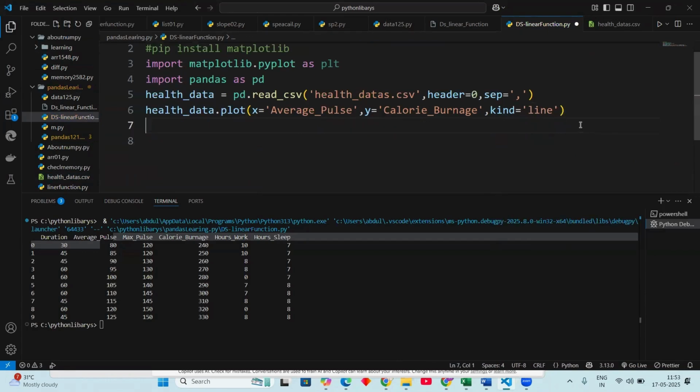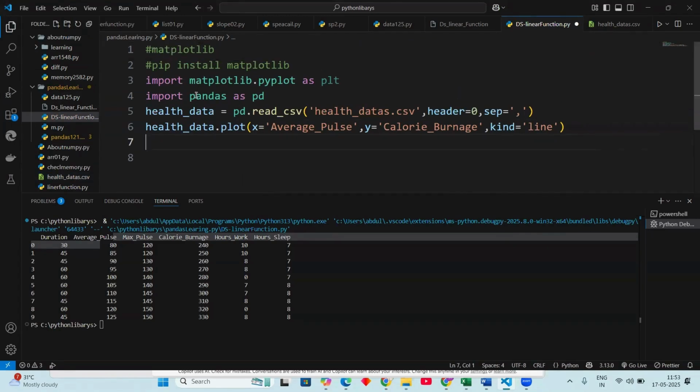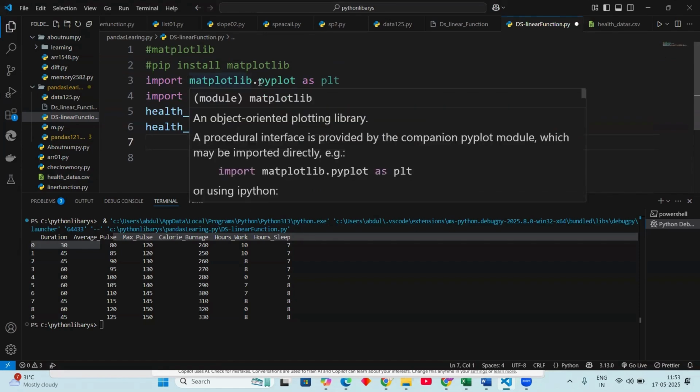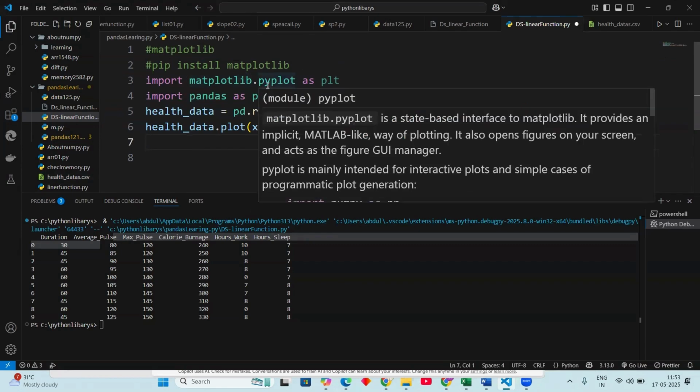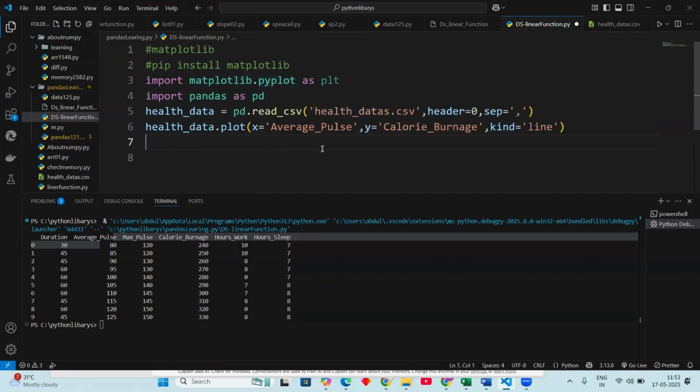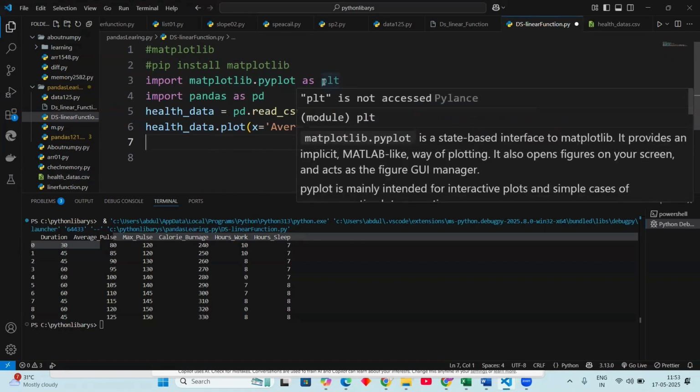Now here we import pandas and make a table by reading the Excel sheet. After that, we use matplotlib pyplot, assigning the values: x is average pulse and y is calories burnage, and now what remains is plt, right?